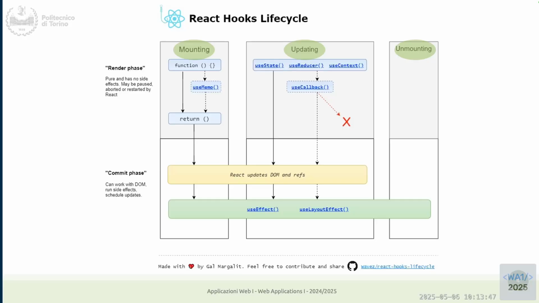The key driver is that if I want a client to communicate with a server, that communication will be asynchronous. So if I request some data, the data will arrive asynchronously and will change some information which is outside the controlled data flow of React.